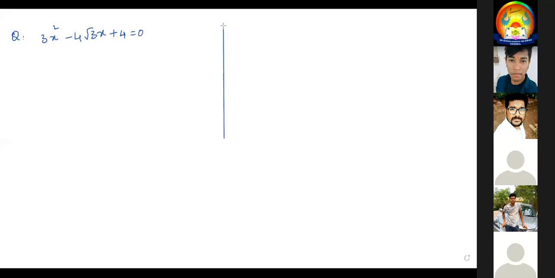And question number 2: 2x square minus 3x plus 5 equal to 0. First I'll give the time, you try to solve. After that I'll solve. First I'll give certain time. Those who can solve, please solve it.